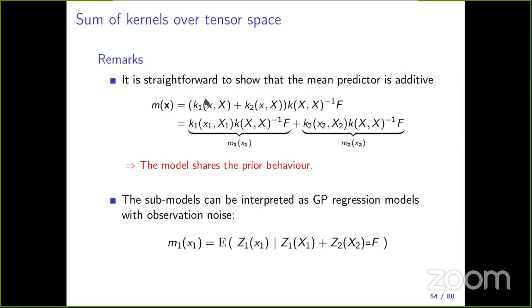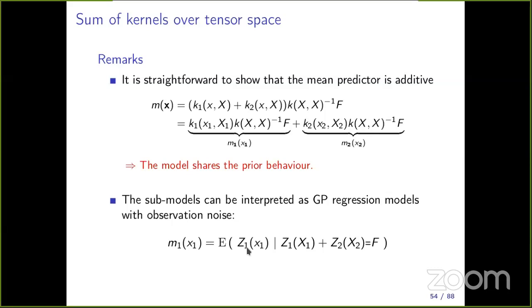Yeah, so if we look at the posterior mean, this is the exact same expression as before, just I can expand this first term as this sum. So this can be interpreted as a conditional expectation, and this is another conditional expectation.